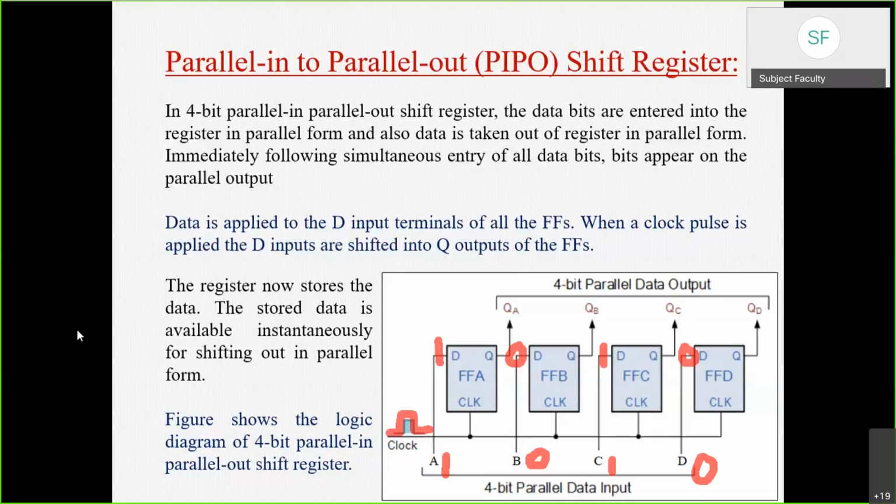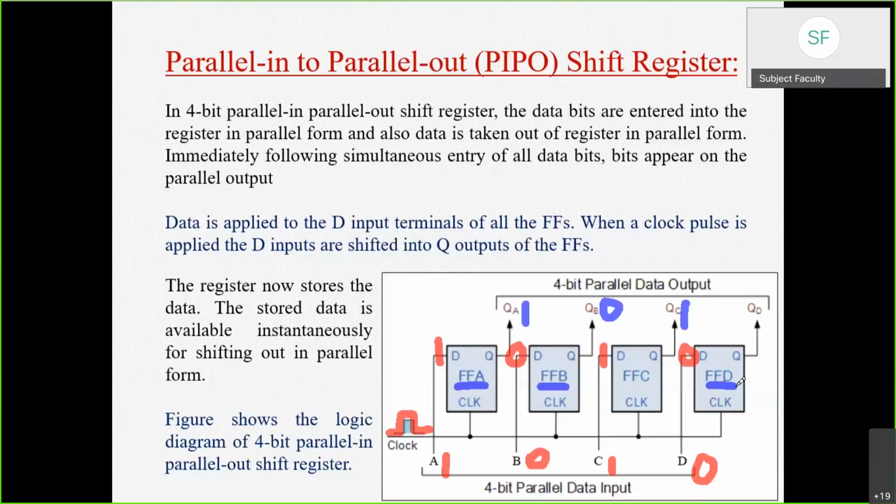So what will be the value of the output? Just observe flip-flop A: the input is 1, so QA will be 1. For flip-flop B, the input D is 0, so QB will be 0. Similarly, for flip-flop C, the input D is 1, so QC will be 1.